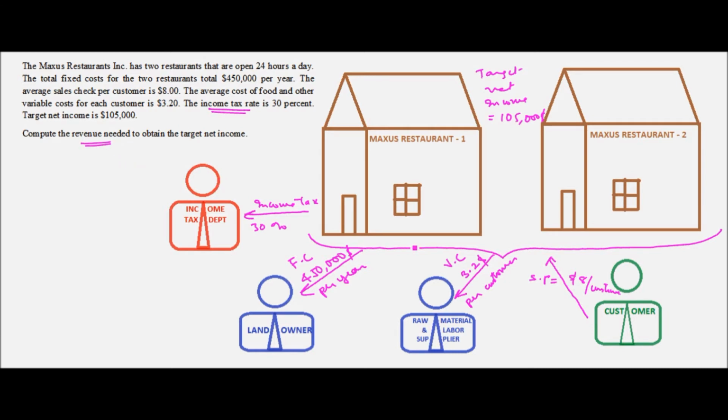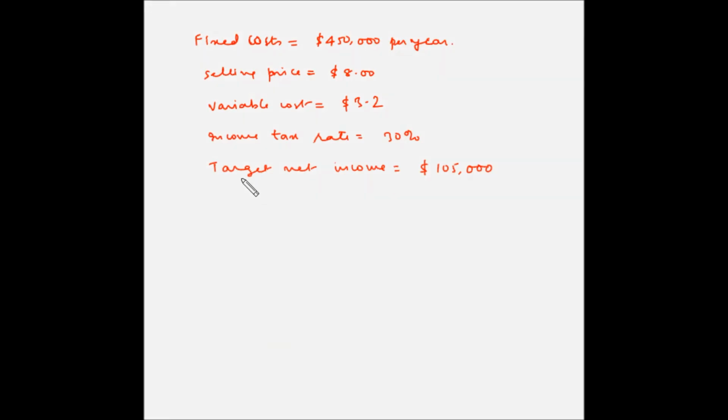So now we have to find out how much should be the revenue. That means how much should be the total incoming funds to obtain the target net income. So here the information provided to us is the fixed cost, which is $450,000 per year. The selling price per unit is $8. The variable cost per unit is $3.2. The income tax rate is 30%, and what we want to achieve is a target net income of $105,000 per year.